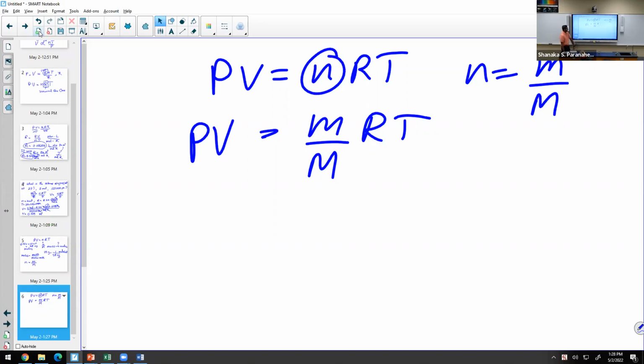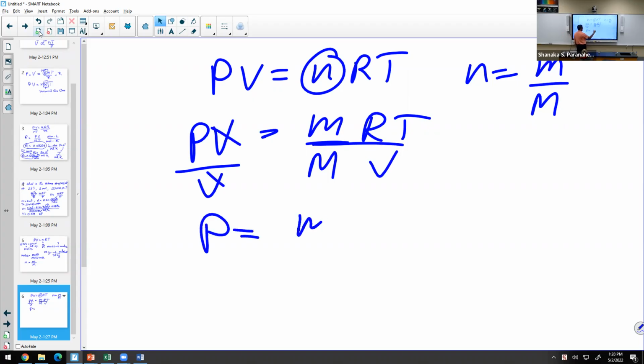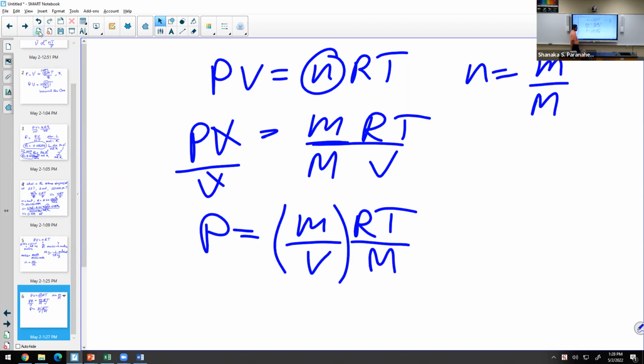And then I'm going to rearrange this equation again. So I'm going to divide both sides by volume. Volume cancels out. P is equal to mass over volume times RT over molar mass. I'm going to group this.